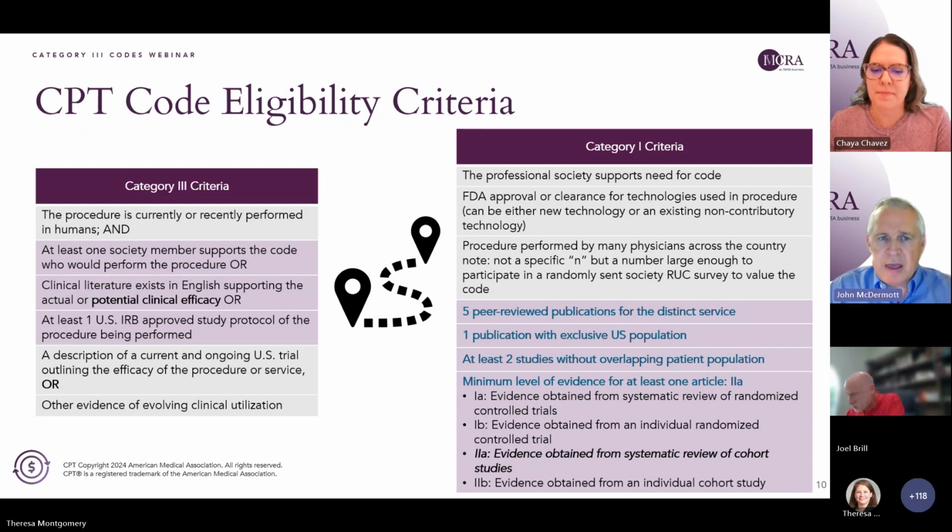Thank you, Chaya. And we always talk about starting things early. Joel, a question for you. How early would you recommend that companies get started when they're considering applying for a Category III code?